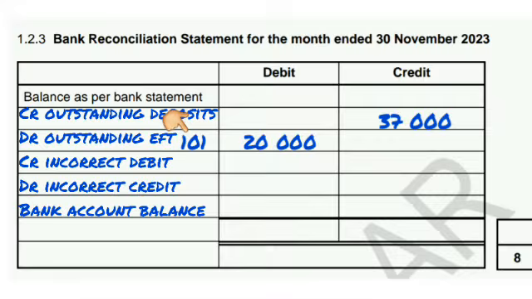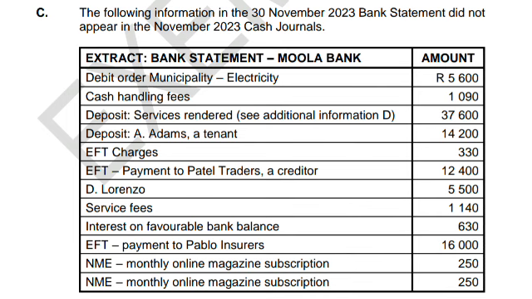So you see I started with the 101 and then enter the 20,000 on the debit side. So just again, outstanding deposits always go on the credit, they never change. There is no scenario where an outstanding deposit will go on the debit. And outstanding EFTs always go on the debit, never on the credit side.